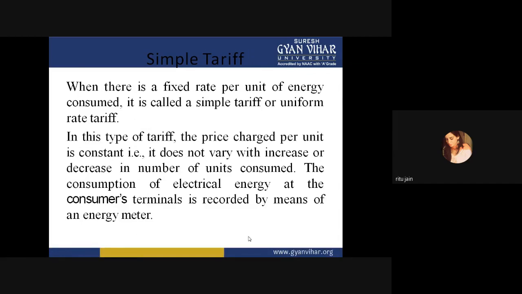In this type of tariff, the price charged per unit is constant. It does not vary with increase or decrease in the number of units consumed. The consumption of electrical energy at the consumer's terminal is recorded by means of an energy meter.